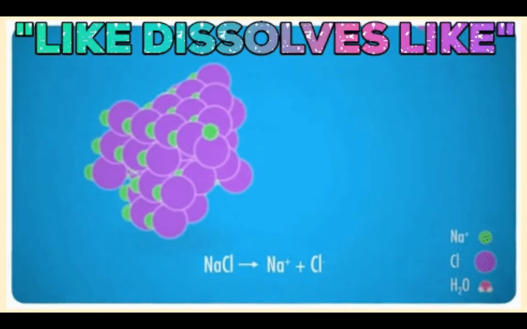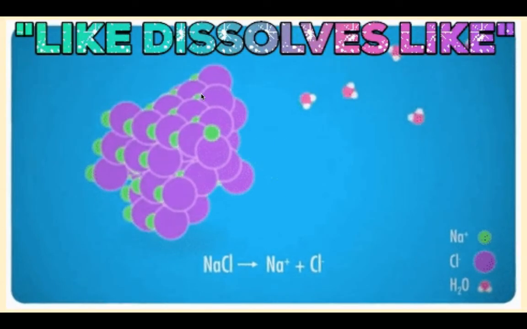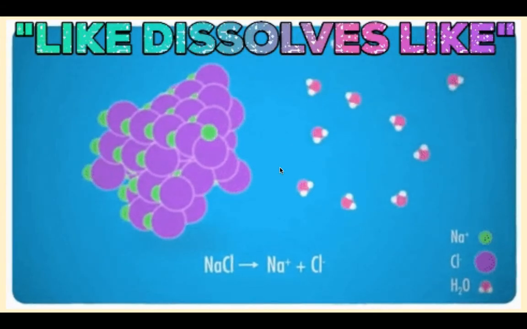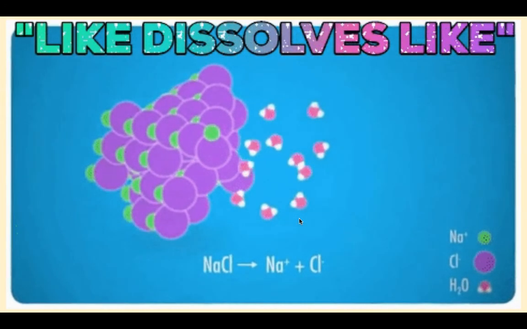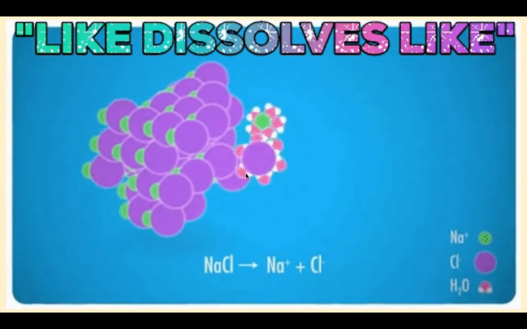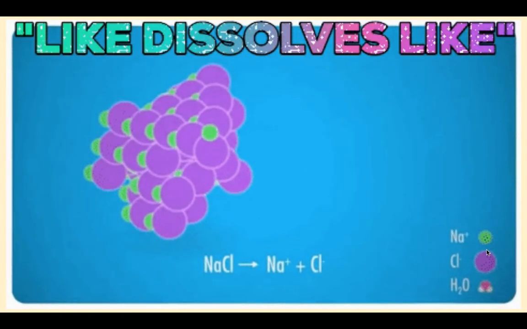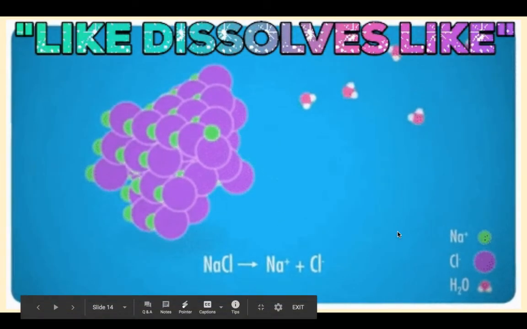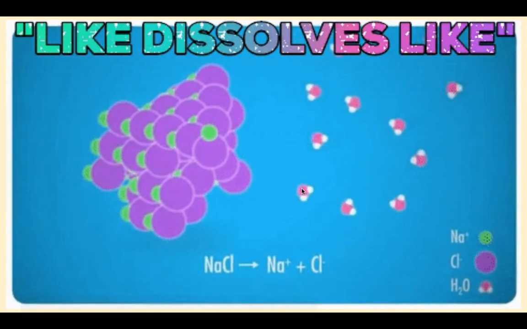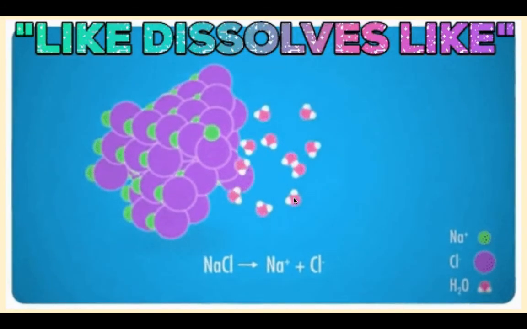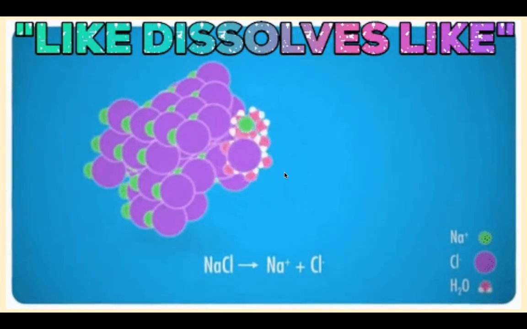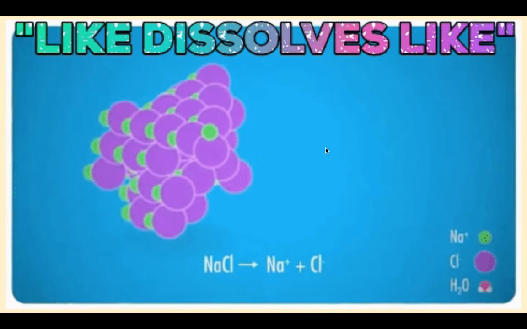And so here's an example of an ionic compound, sodium chloride. And when water is introduced to it, the water is not only going to dissolve the salt, it's actually going to have the ions dissociate. And that's because, watch, the partially positively charged hydrogens in white are going to surround the negative chlorine in purple.